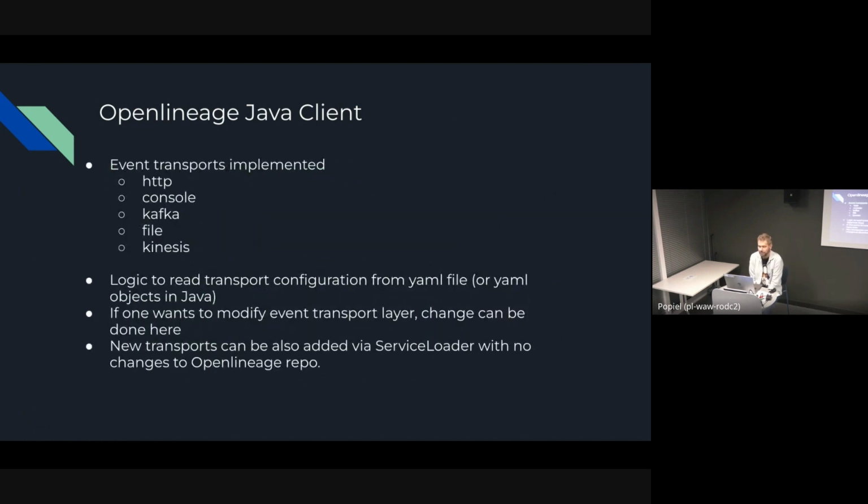Moreover, the OpenLineage Java client has transports implemented. The first one is HTTP, to send events to the backend. Then the console, which is more for testing purposes, to see what events you have. Kafka and Kinesis send events to message buses.